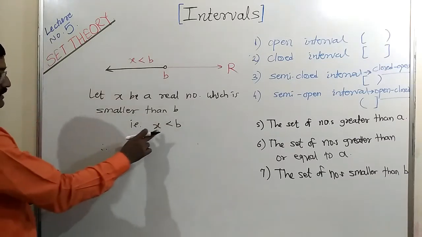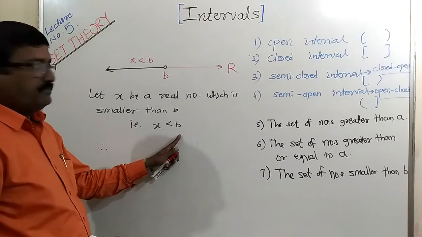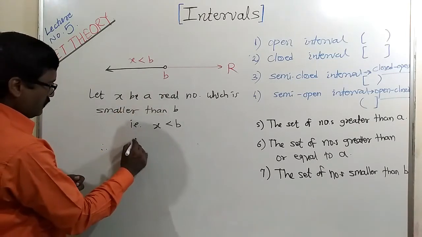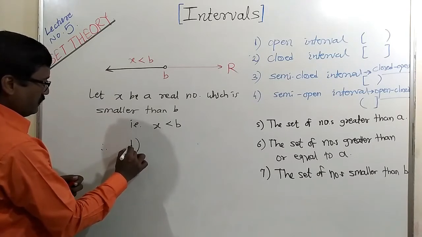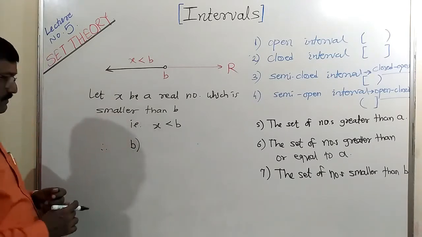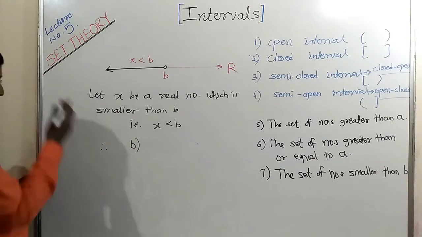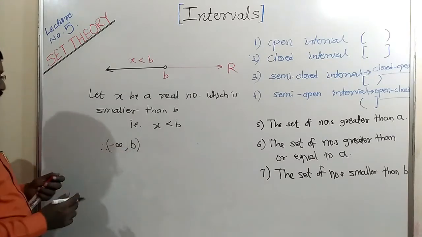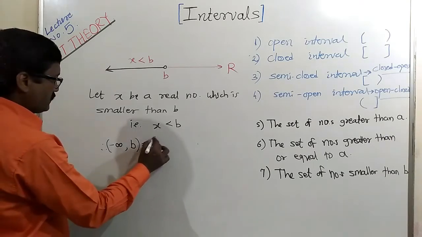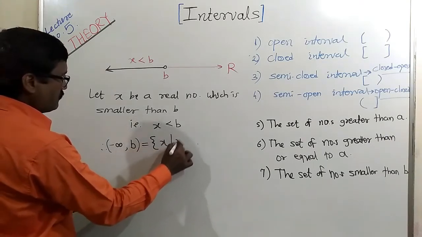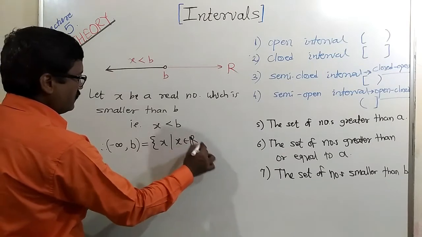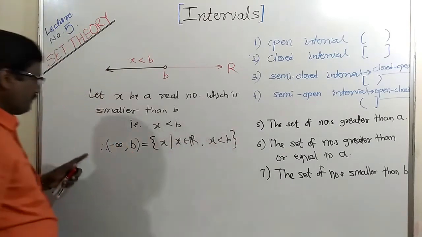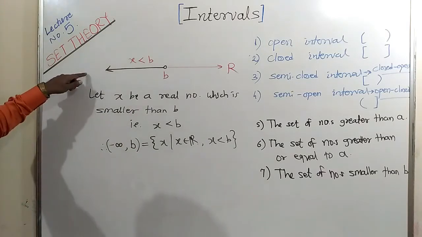Therefore this x less than B means x is not equal to B, so B is to the right and B is not included. So in the form of this interval, B is open, and to the left there is infinity, so negative infinity open, B open is the set of all x such that x is a real number but this x is less than B. This is the set builder form of this type of set.